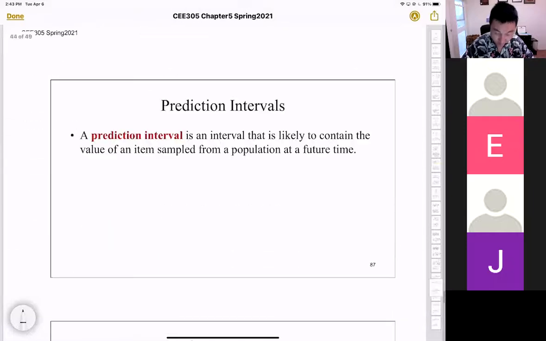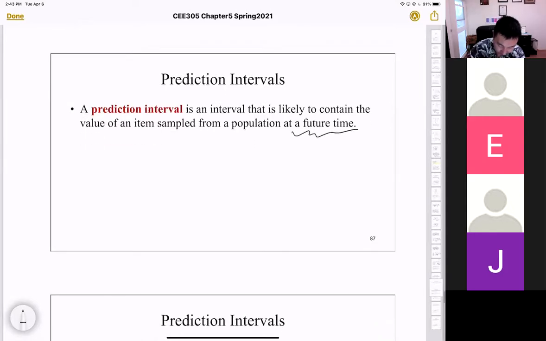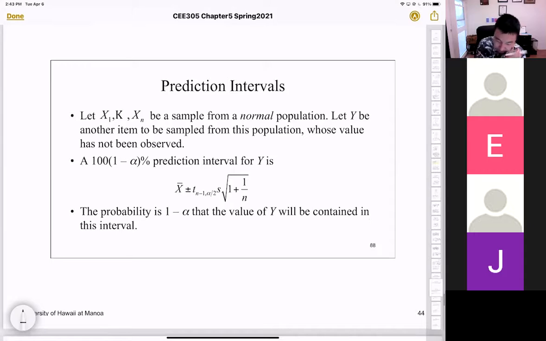First of all, prediction interval. A prediction interval is defined as an interval that is likely to contain the value of an item sampled from a population in the future. And here's the equation.